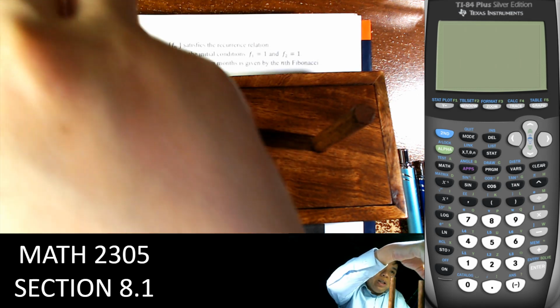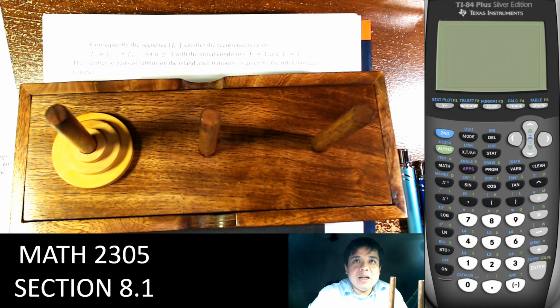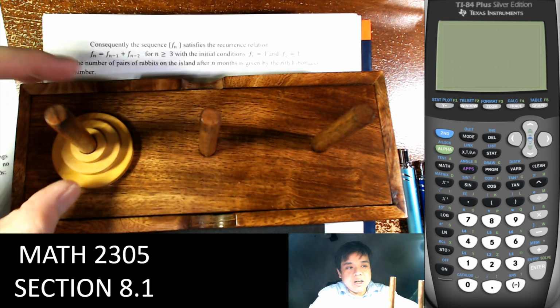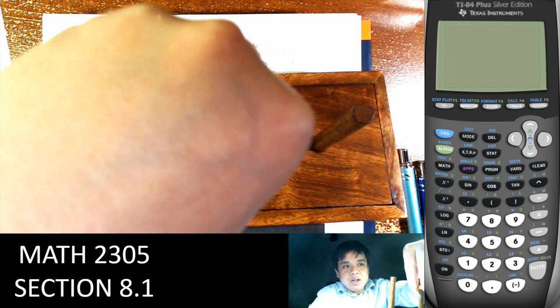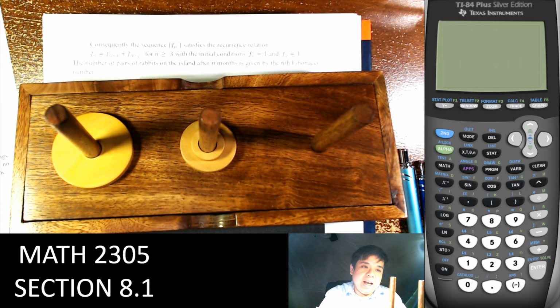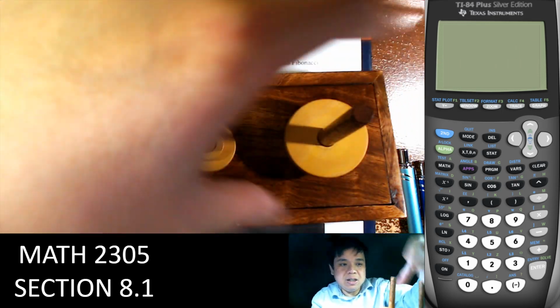Now if we have 3 discs, it's going to be 2 to the 3rd power minus 1, so 7 moves. Think about this. The objective is to move all 3 discs over here, but it can be reduced to moving these 2 onto the other peg.